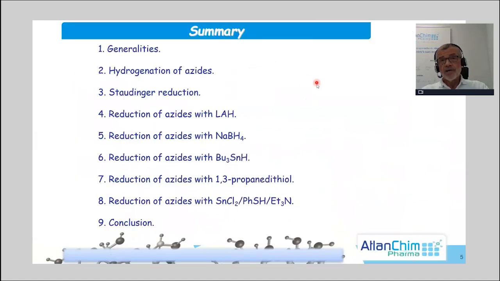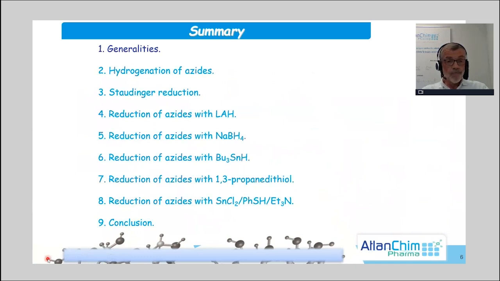You have on this slide the summary of the different methodologies to reduce azides into amines, which we will discuss through recent examples, mainly from medicinal chemistry and also from the total synthesis of natural products.